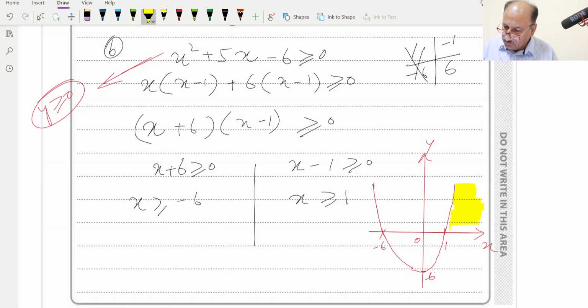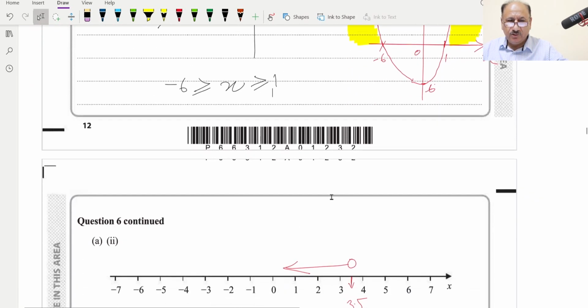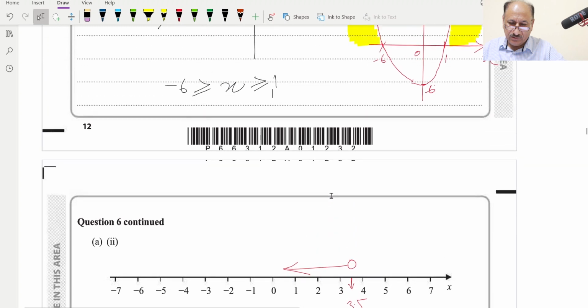For these values, y is greater than 0, so we need the curve on this side. So we can write the answer as x is less than or equal to -6 and greater than or equal to 1. This will be our answer, and I have explained also why we are writing this one.